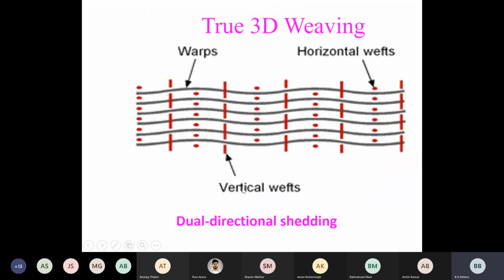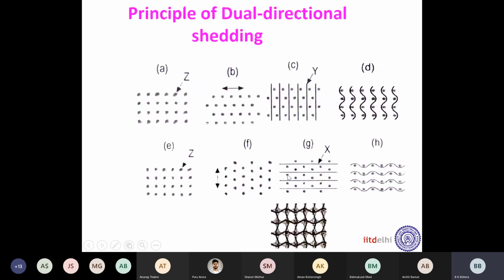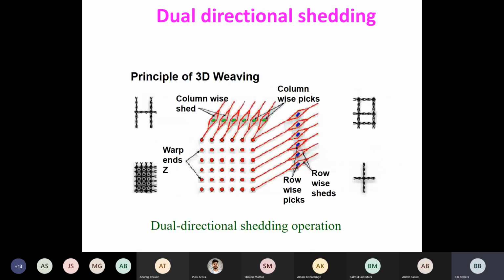How does this weaving take place? The weaving is shown in this way. Let us go to the shading diagram, from where it will be clear. Look at this diagram carefully. Red dots are warp. Green dots, one weft.